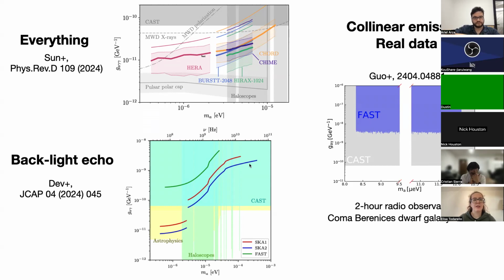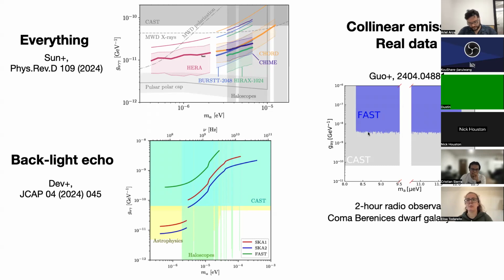And then there's also this one. This one came after ours. And here they do a forecast with SKA, looking at the backlight echo from the galactic center. There's also FAST here. Most recently, there was this paper, which is, to my knowledge, the first one that actually uses real data to put a bound using this method of axion stimulated decay.